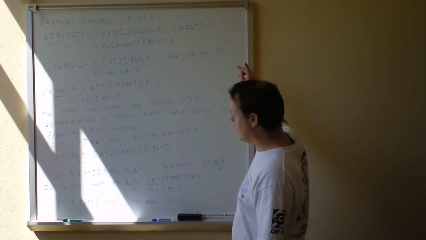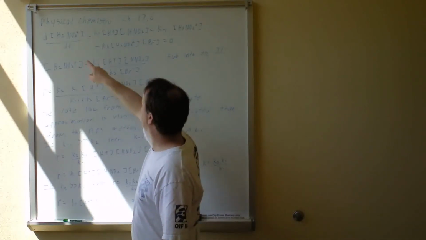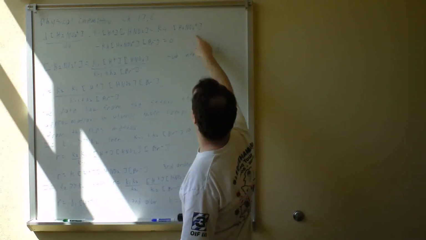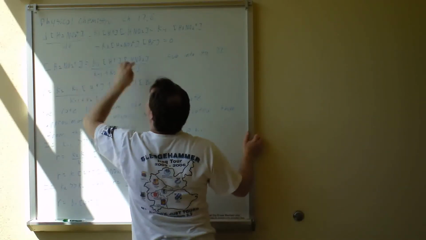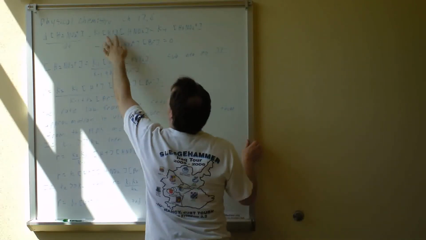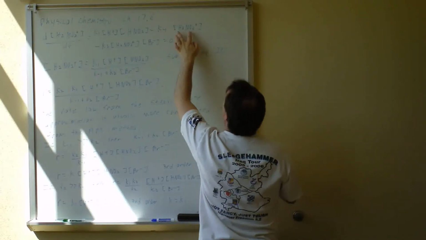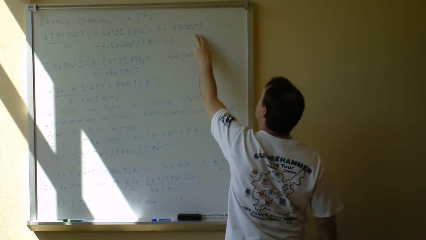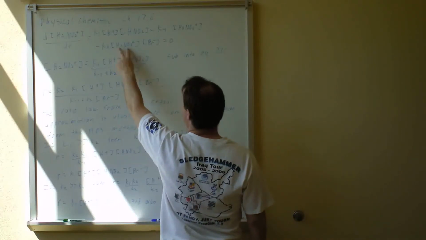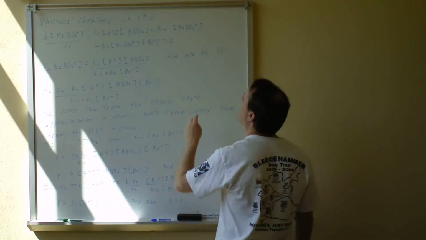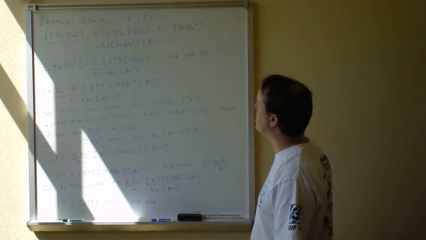All right, continuing on with the steady state approximation. For the second intermediate that we're setting equal to 0, it's in 2 steps, and one of them is in equilibrium. So the derivative of the concentration of H2NO2+ with respect to time is equal to positive k1 times the concentration of H+ times the concentration of HNO2, minus k minus 1 times the concentration of H2NO2+, minus k2 times the concentration of H2NO2+ times the concentration of Br minus, and we're setting that equal to 0 because as an intermediate this concentration will be constant over time.